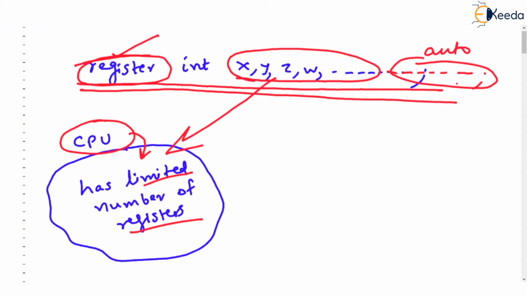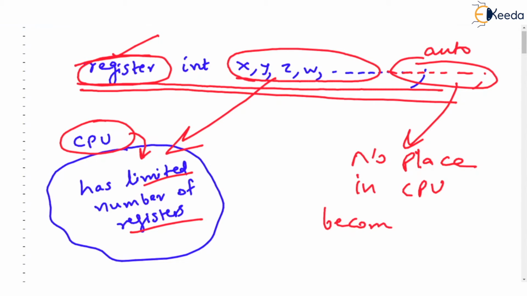Such variables which do not get any place in the CPU become auto variables, so they are stored in memory. So I repeat, as a programmer, you are given the liberty of declaring any number of register variables.